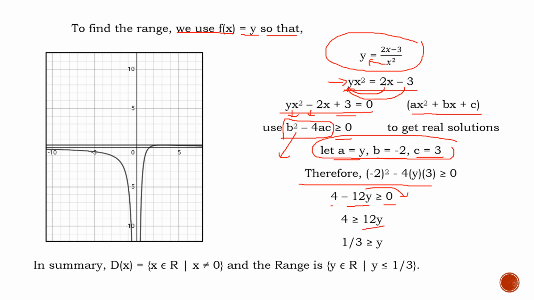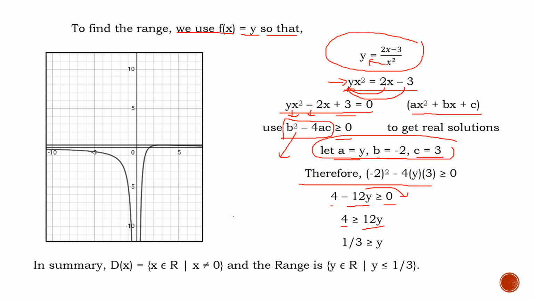So we change the sign of this term, negative 12y, going to the other side of your equation, and it becomes positive 12y. Then we copy your 4 for the left side of this inequality. Then we divide the entire inequality by 12.